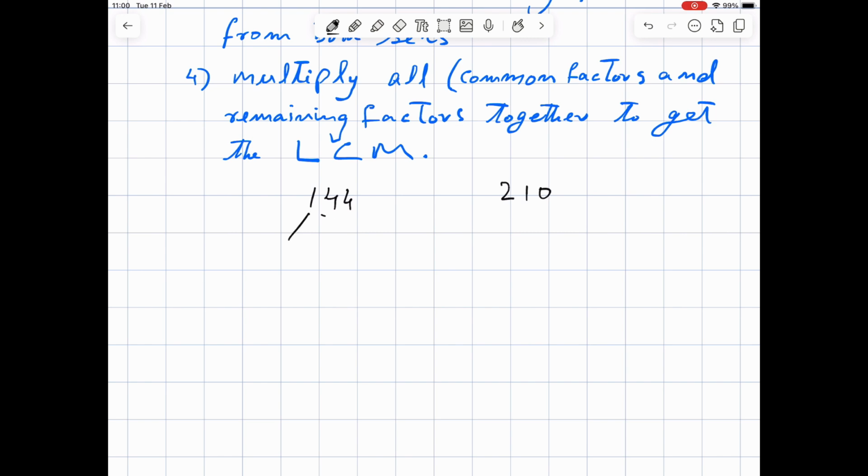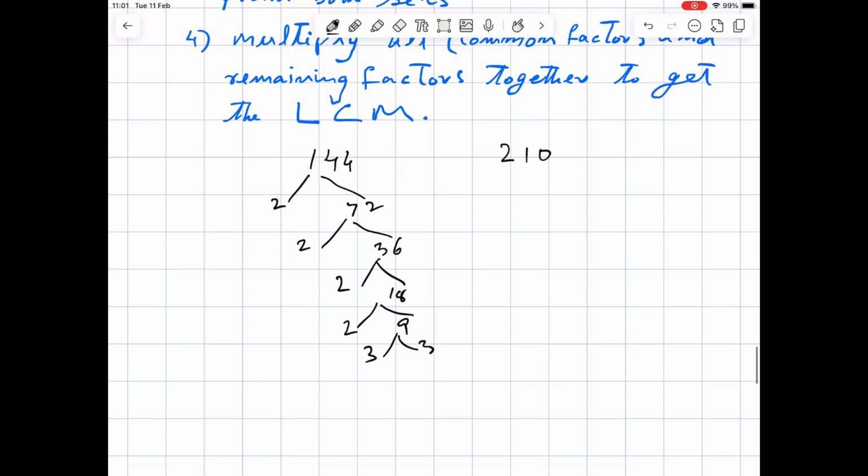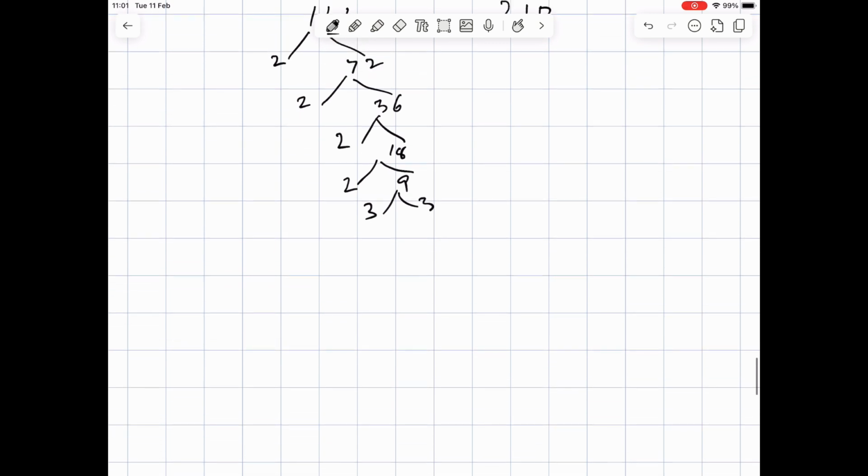So get the prime factors first. 144 divided by 2 is 72, 2 is 36, and then further on 18, and then 9, then 3 and 3. So the prime factors for 144 will be 2 to the power 4 times 3 squared.